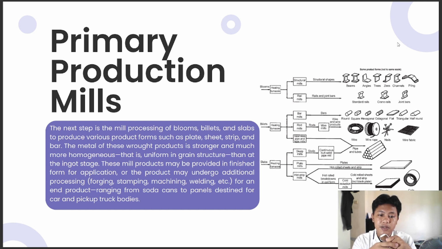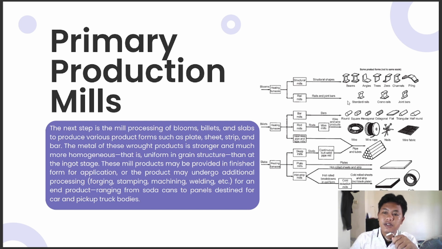These mill products may be provided in finished form for application, or the product may undergo additional processing, such as forging, stamping, machining, welding, and others, for an end product ranging from soda cans to panels destined for car and pickup truck bodies.